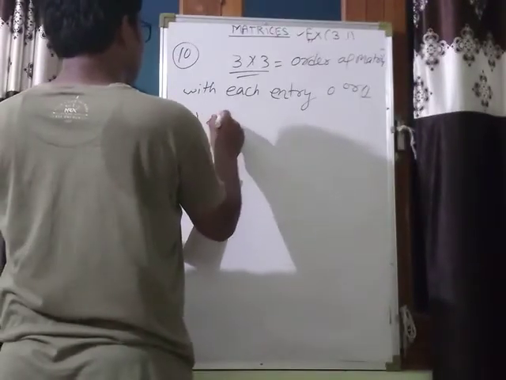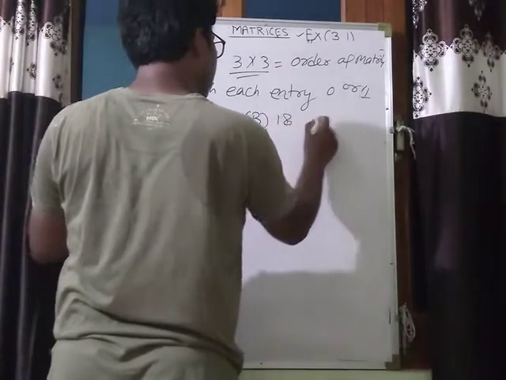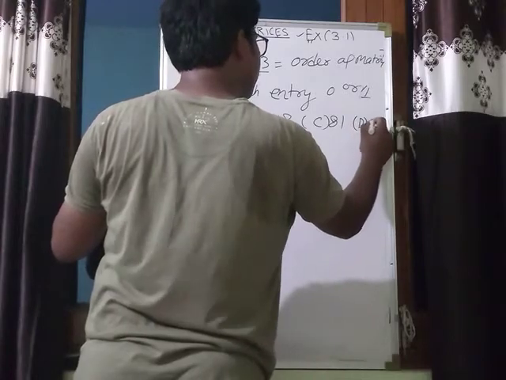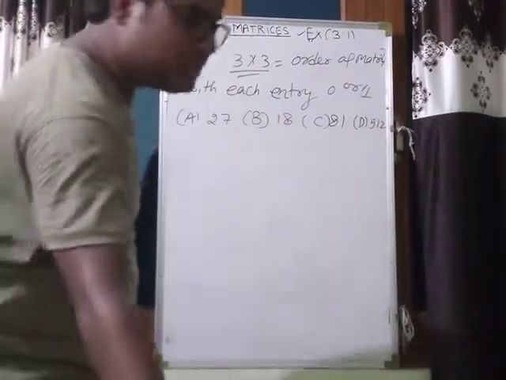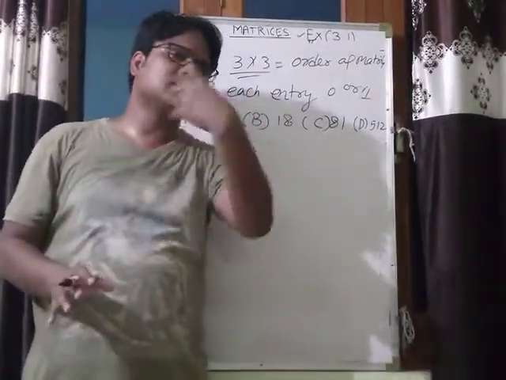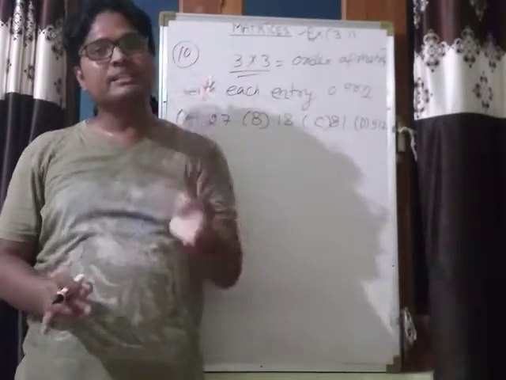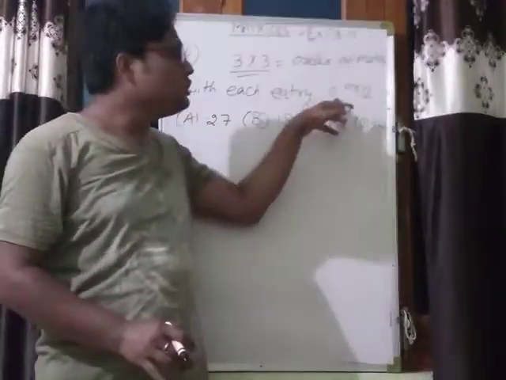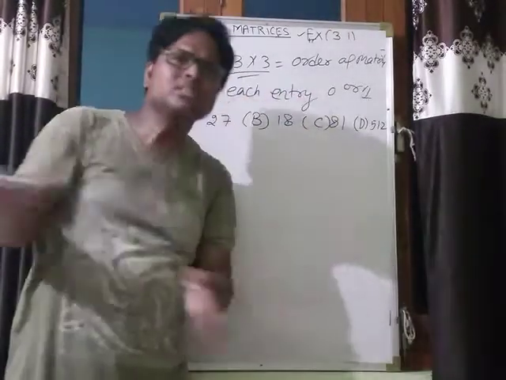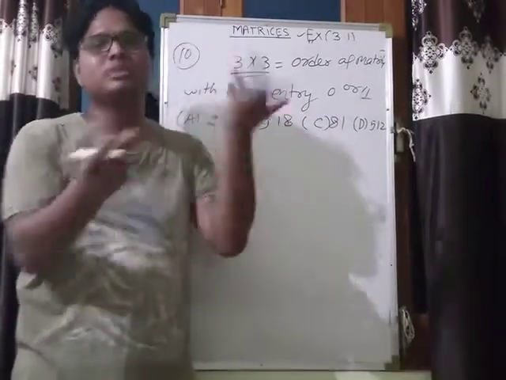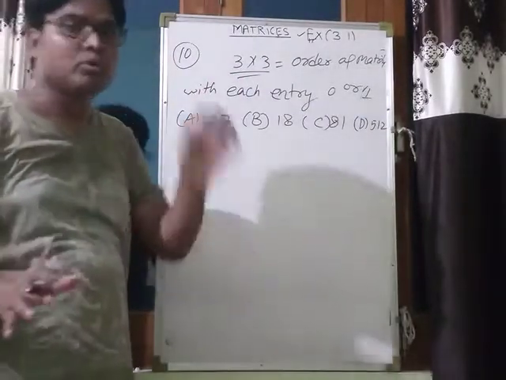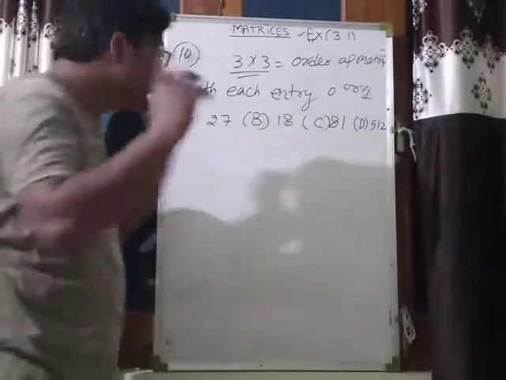Option A is 27, option B is 18, option C is 81 and option D is 512. So the question asks how many matrices of order 3 by 3 are possible whose each entry is either 0 or 1. All can be 0, all can be 1, or a mixture of 0 and 1 is also possible. How many such matrices will exist whose each entry is either 0 or 1?